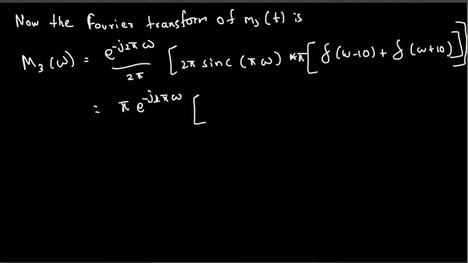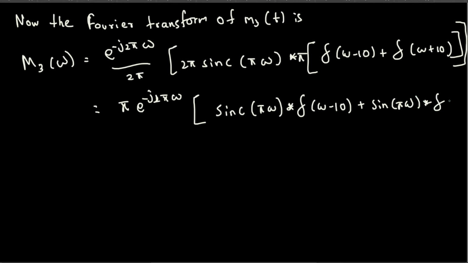So we have sinc(πω) convolved with δ(ω − 10), and then plus sinc(πω) convolved with δ(ω + 10).